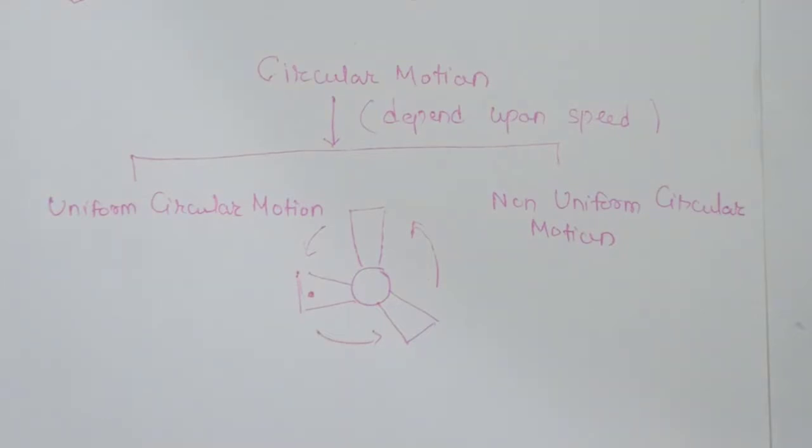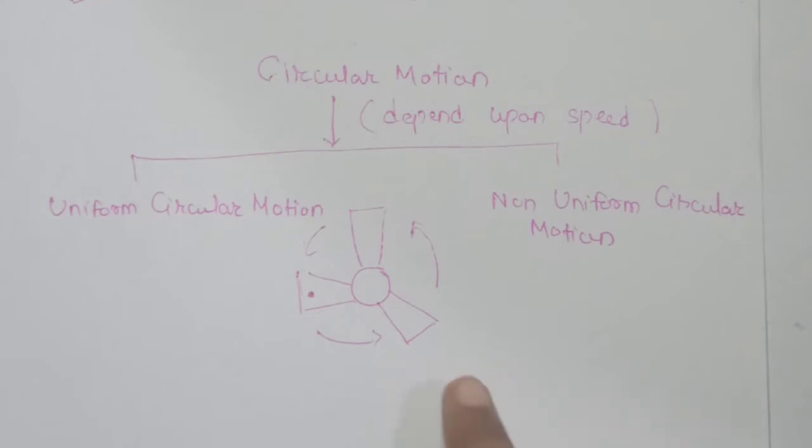After that, the fan will move at a constant speed, and that motion is known as uniform circular motion. What does that mean? During circular motion, if the speed of the particle remains constant, it is called uniform circular motion.